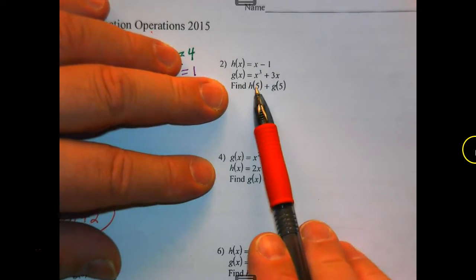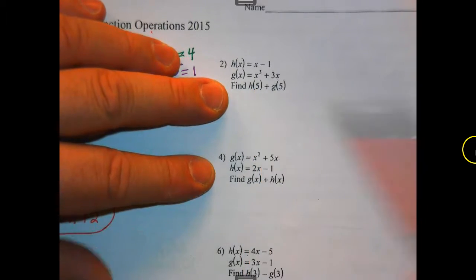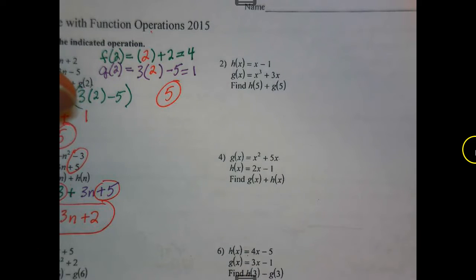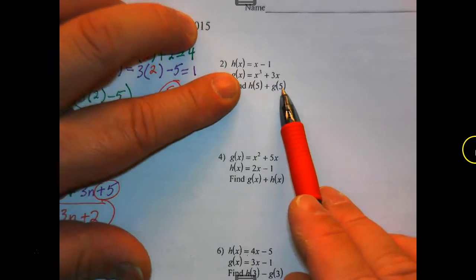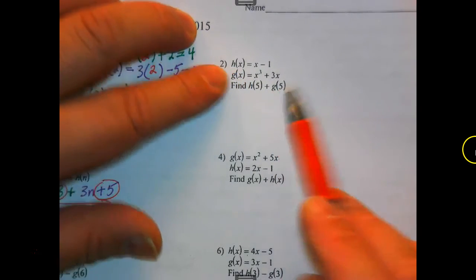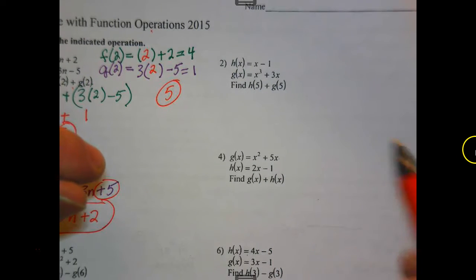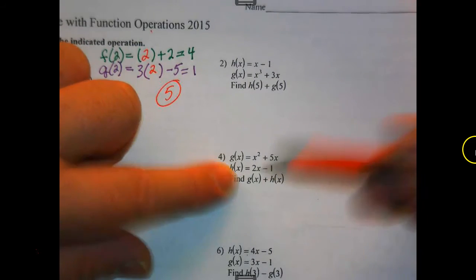In number 2, they're asking us, well, not only do you have to take the h of x, but they also want us to, for the g of, well, you don't have a value for the x, so just leave x as x.